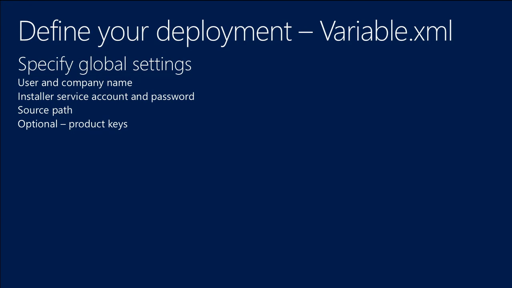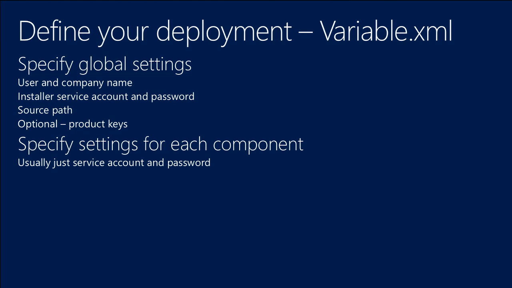So if you enter product keys in variable XML, you'll get a fully licensed deployment of System Center. If you omit product keys, you'll get an eval installation, 180-day eval installation of everything, including SQL and System Center. You can switch it from eval to license, and I've got a reference for that at the end of the deck here.